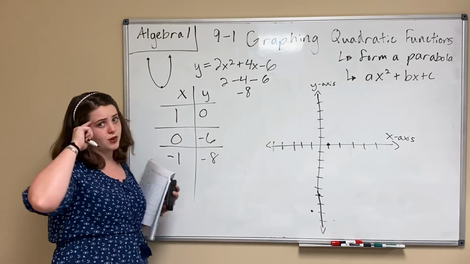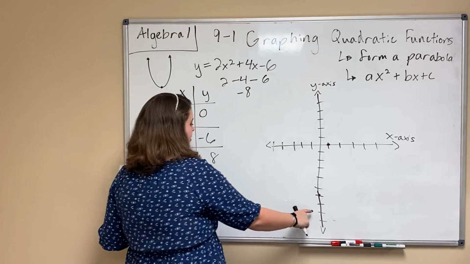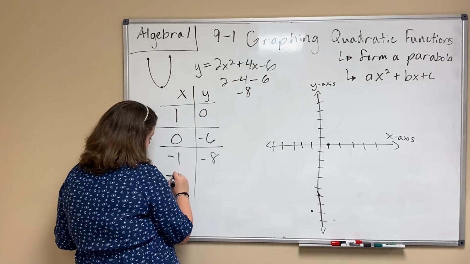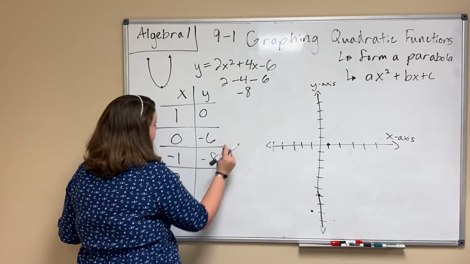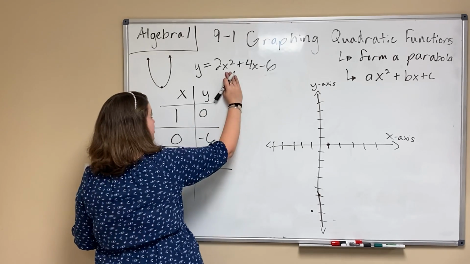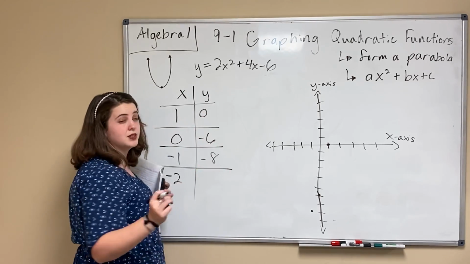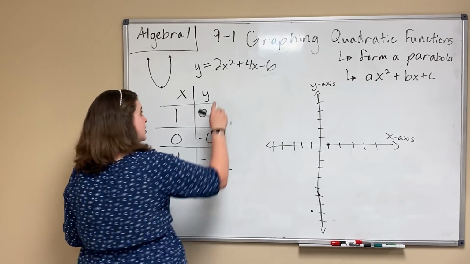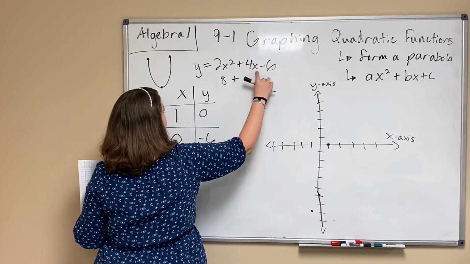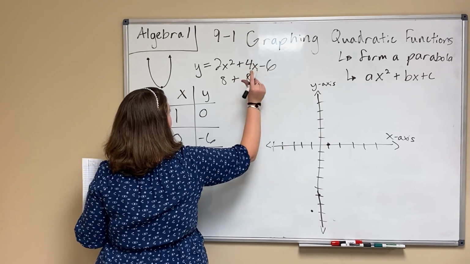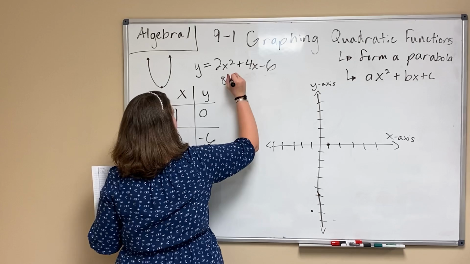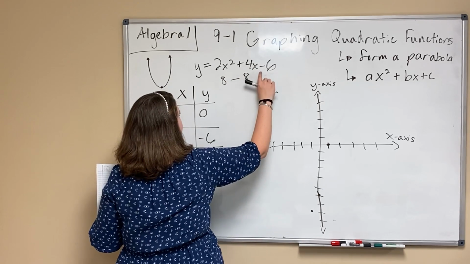So remember, we're in our head thinking, I need to figure out the place where our graph turns upwards. So I'm going to keep going down, minus 2. Okay, so if my x is negative 2, I'm going to have negative 2 squared. Negative 2 times negative 2 is going to be positive 4. 2 times 4 is 8. 4 times negative 2 is negative 8.